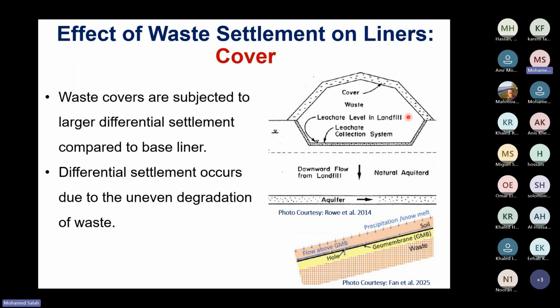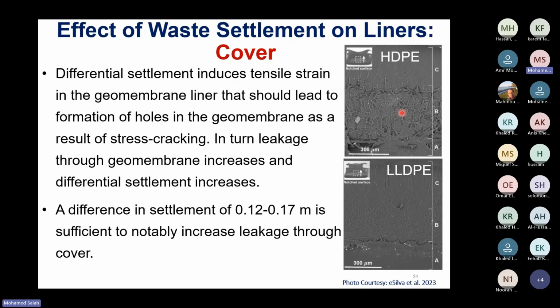So, okay, what is wrong with differential settlement of the waste, which will result in differential settlement of the waste cover? The differential settlement induces tensile strains in the geomembrane liner, and these tensile strains can lead to formation of holes in the geomembrane as a result of stress cracking.